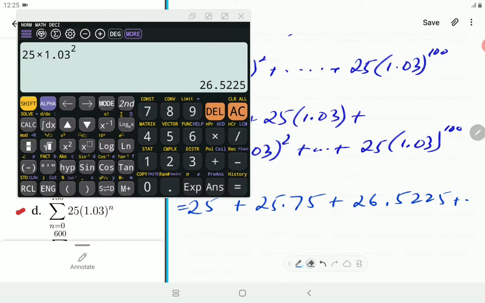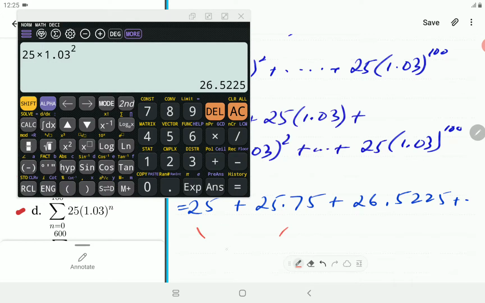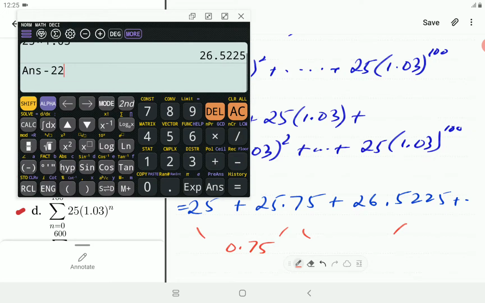So if we try to do the differences here, for this one it's going to be 0.75, and then for the next one it's going to be this one minus 25.75, and you can see that that's going to be 0.7725. These two are not equal, so that means it cannot be an AP.